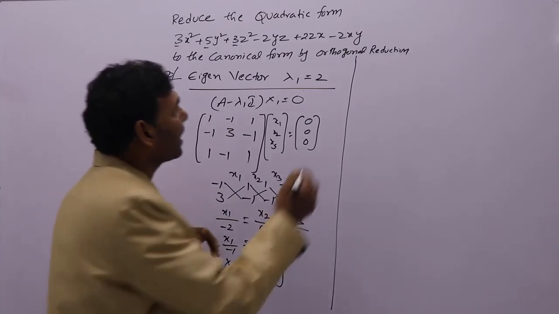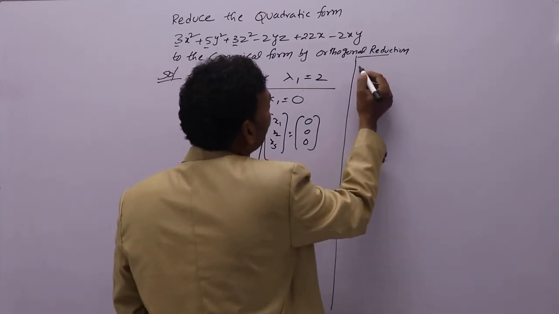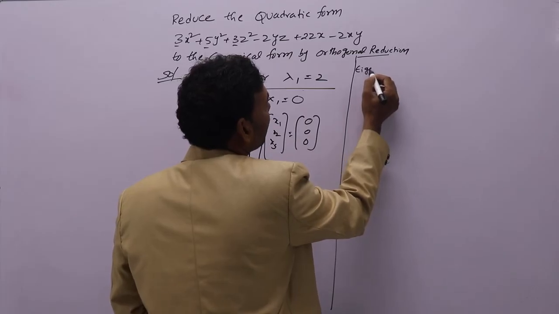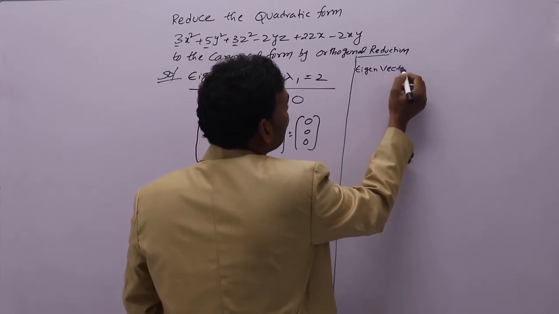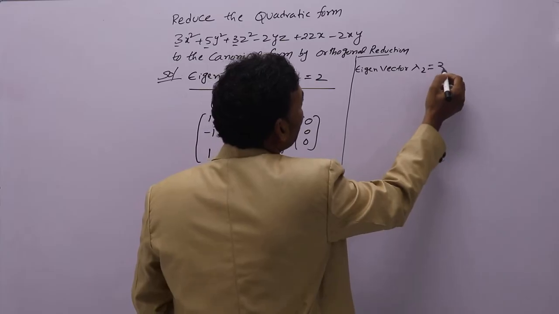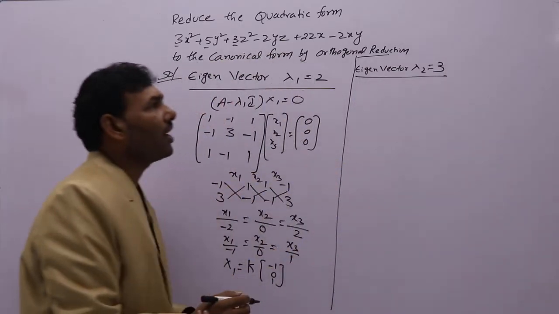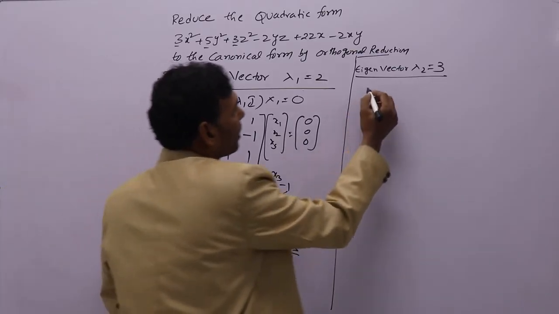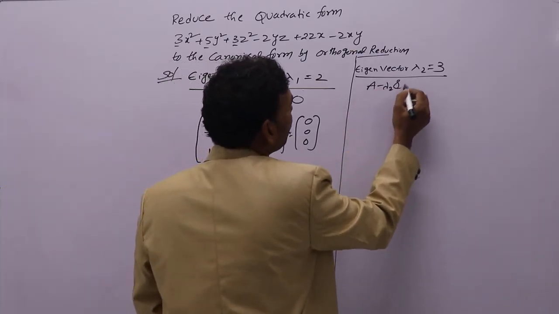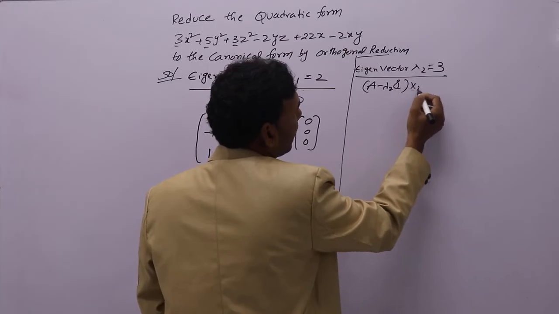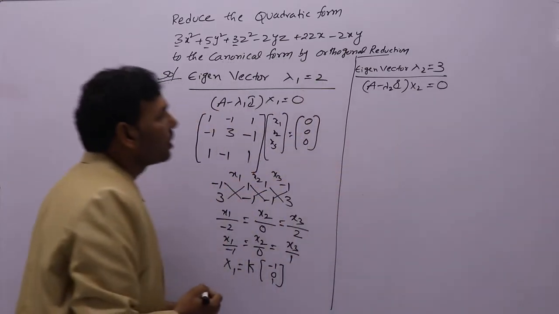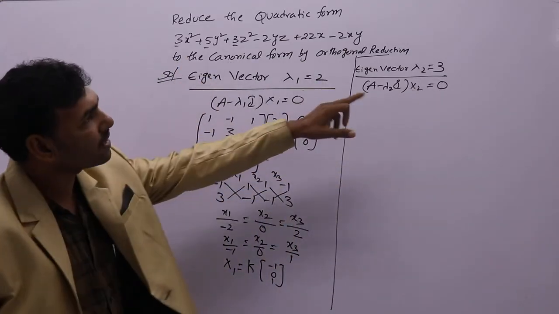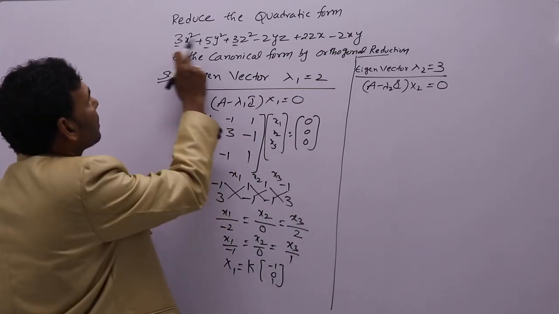Next, coming to the second eigenvector. The second eigenvalue, you know, is 3; eigenvalues are 2, 3, 6. For that, A minus lambda 2 into I, into x2 equal to O. Here, you need to subtract 3 from the diagonal. Diagonal elements are 3, 5, 3.